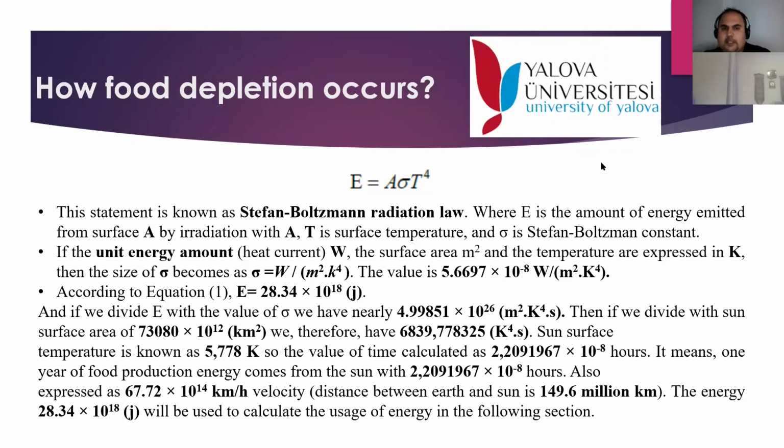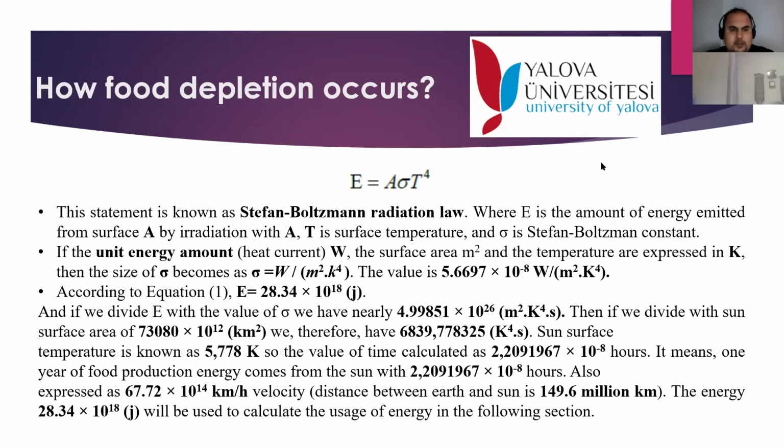In this equation, E is the amount of energy emitted from the surface, A means the area of the surface, T is the surface temperature, and gamma is the Stefan-Boltzmann constant. So we can calculate the energy converted from the sun by bees and ants.